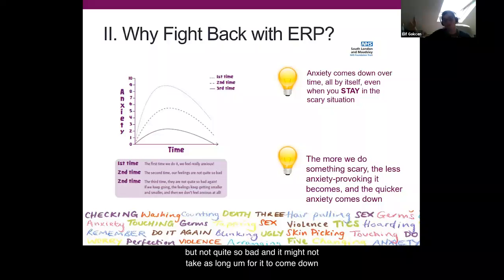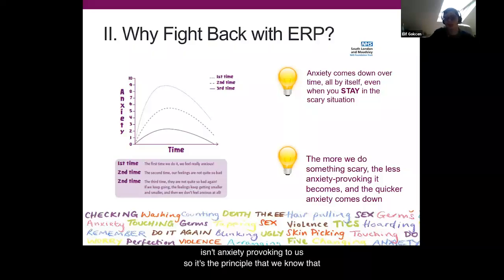And it might not take as long for it to come down naturally. And by the third time, it's not quite as bad again. And if we keep going with that principle, and we face that situation over and over again, at a certain point, we'll no longer notice that feeling of anxiety at all. And it will become a situation that isn't anxiety provoking to us.